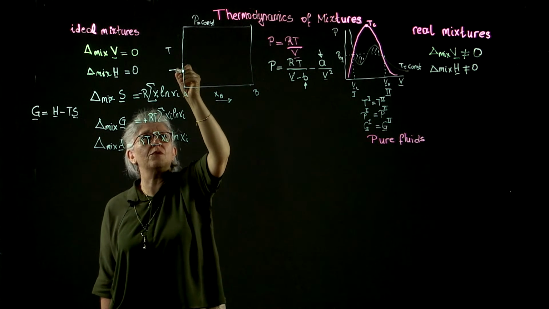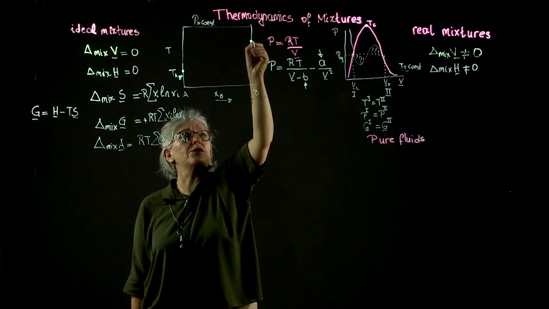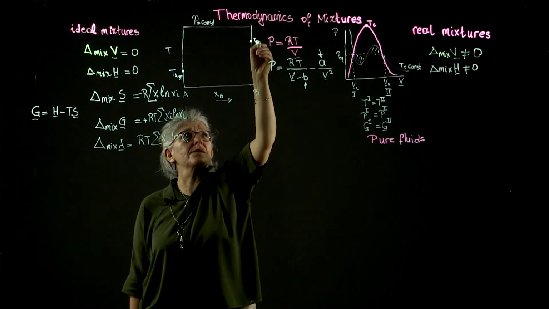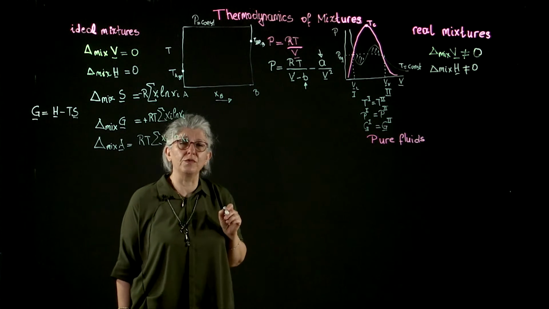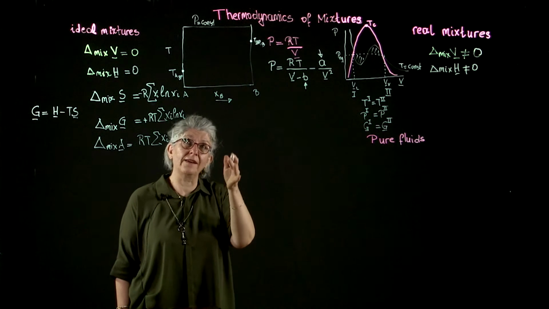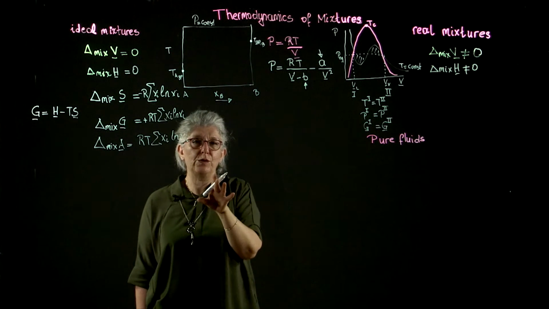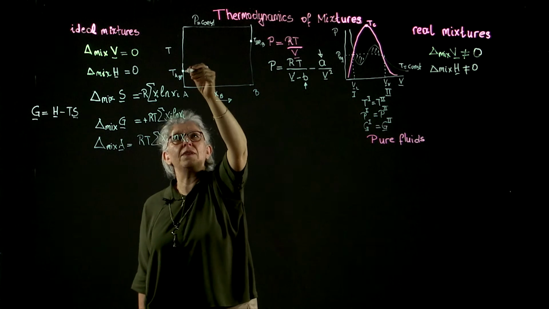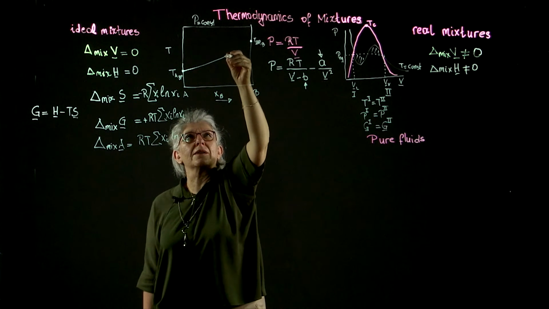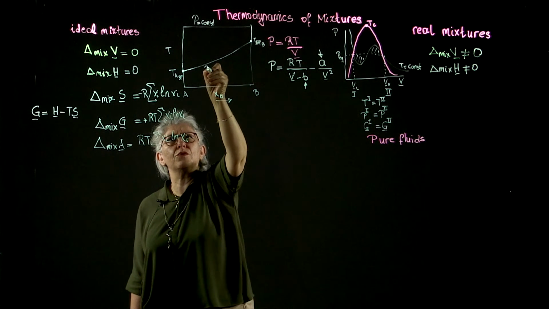This is the boiling point of A. This should be the boiling point of B. And between the two, if this is a well-behaved mixture, we're going to have values in between that look like this. So this is the bubble point curve.